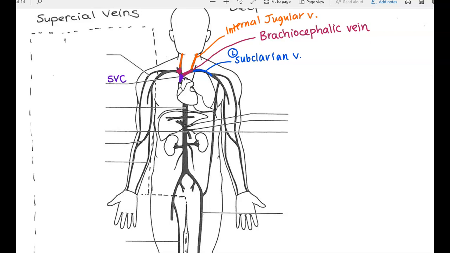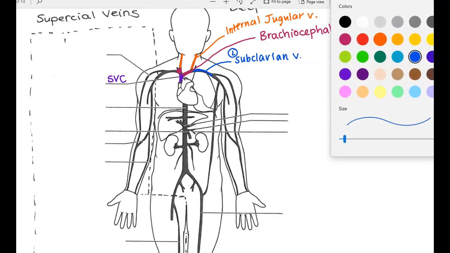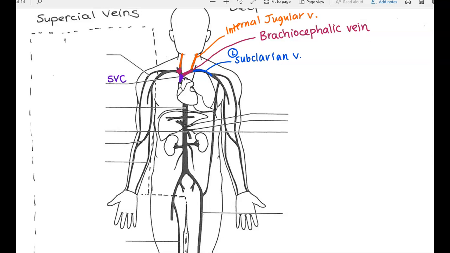And this illustration here does not give us all of the deep branches of the vein here. So instead, we're just going to draw it in. So like we mentioned in class, our deep veins are always going to parallel our arteries. So our subclavian vein parallels the subclavian artery.